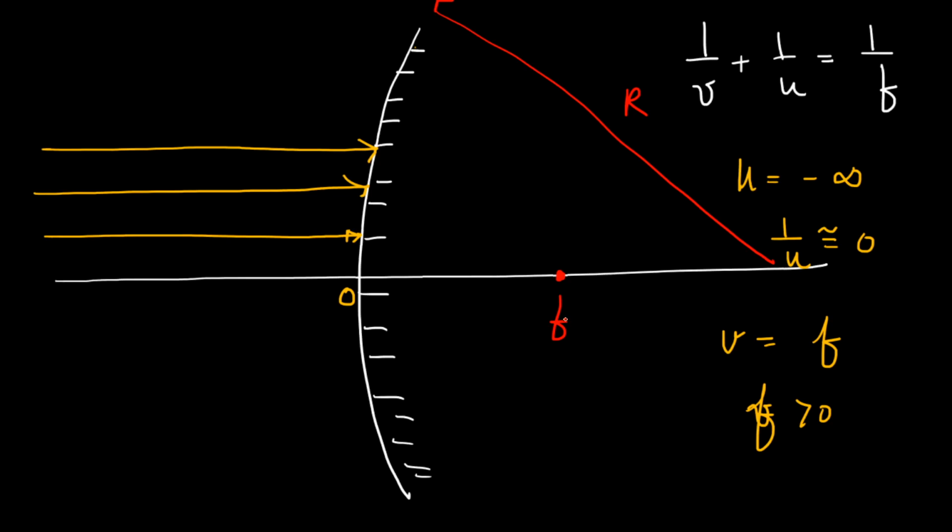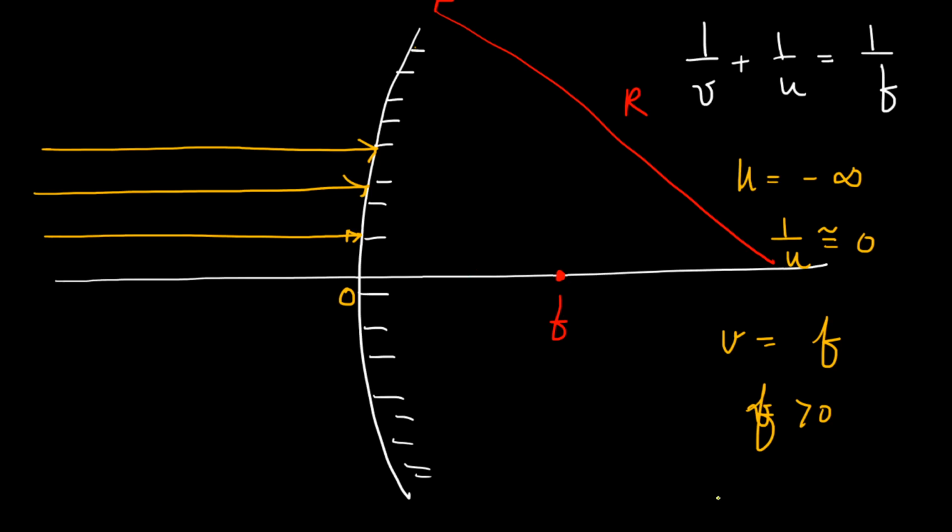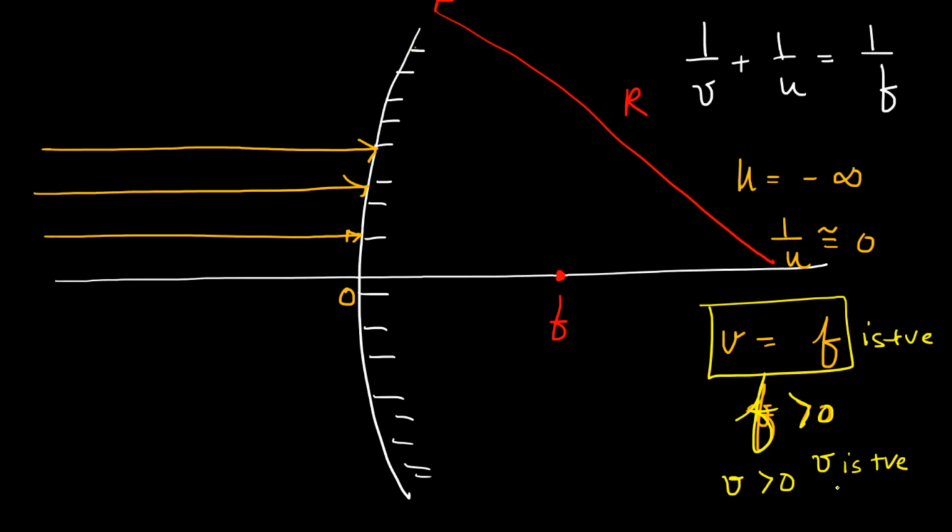And remember that f is positive by the sign convention. Now what this means is that v is also positive. So f is positive because it's a convex mirror. That's what I've written here. f is positive, and now this means that v is positive because v is equal to f.